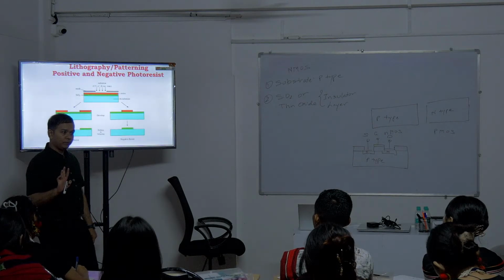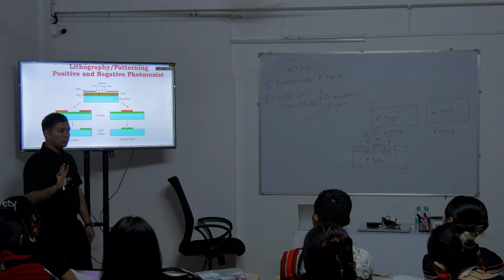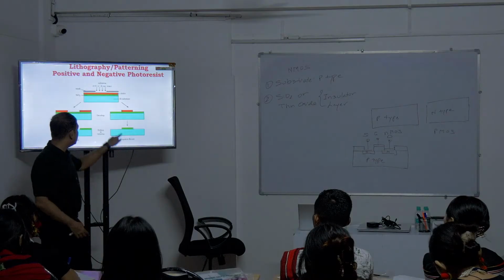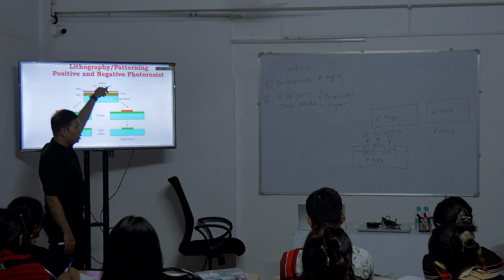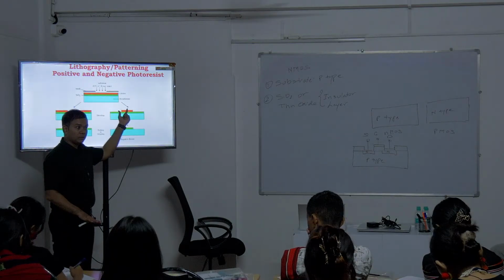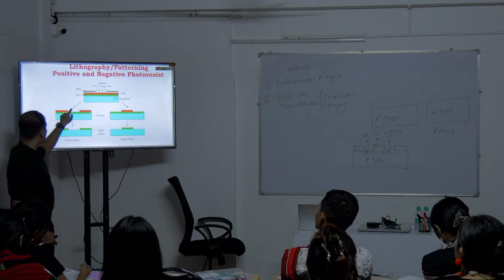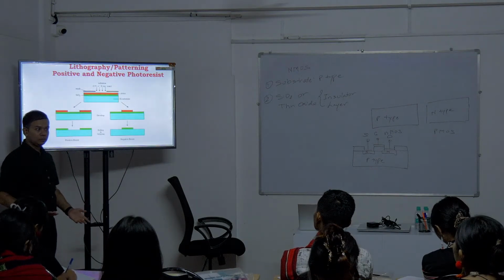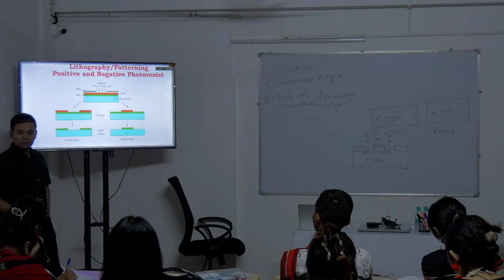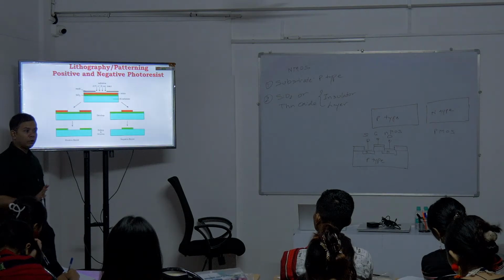Clear? So negative is insoluble because it gets hardened, right? Just understand that when you are exposing it, only this portion remains, while in this case, this portion is remaining while the center portion is not there anymore. If you have any doubt, feel free to ask me.